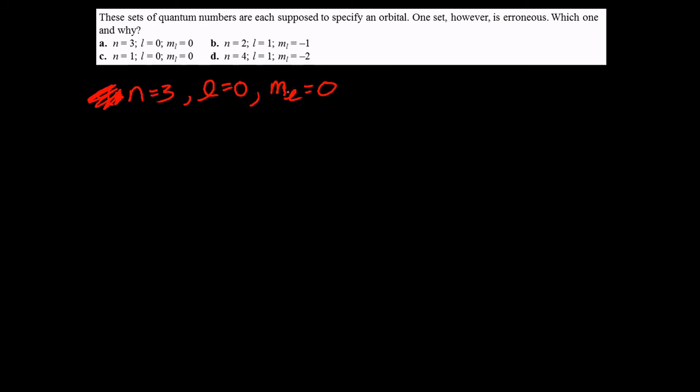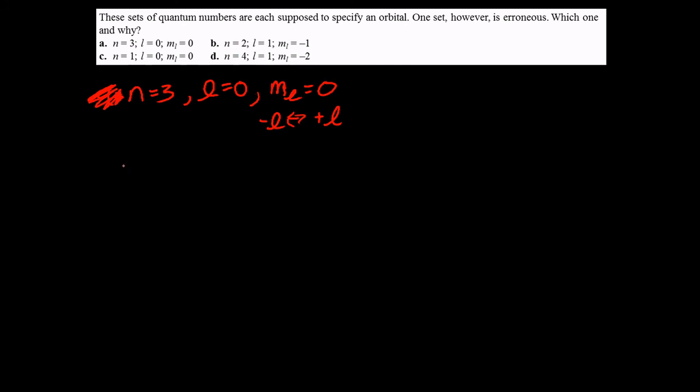The answer is yes. That's actually the only thing it could be. Because remember, the rule for mL is that mL is anything from negative L up to positive L. So any integer value in that range, mL is allowed to be. But since L in this case is only 0, the only possible thing it could be is 0, which it is, and so that's fine.